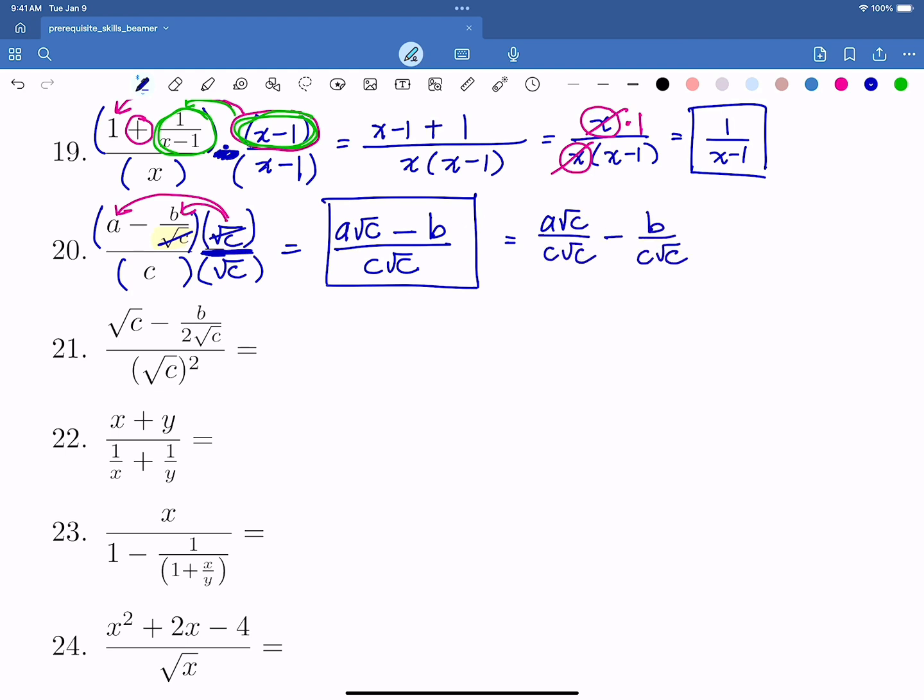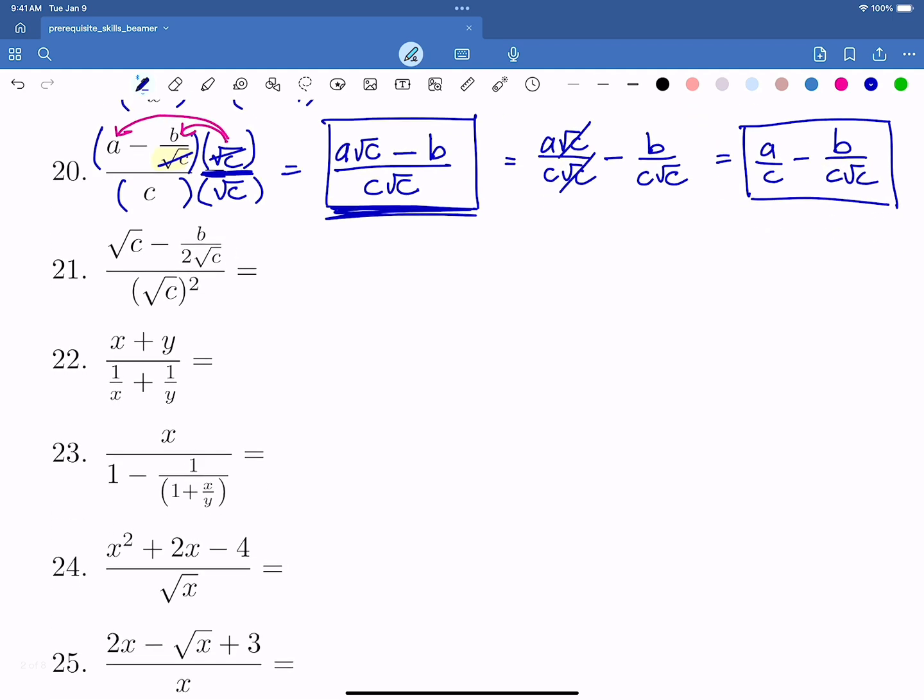I'm just undoing the adding of the fractions. The only reason I might want to do that is because now that common factor can be removed. So I have a over c minus b over c root c. But honestly, that doesn't look more simple to me than our first answer. So either one is fine.